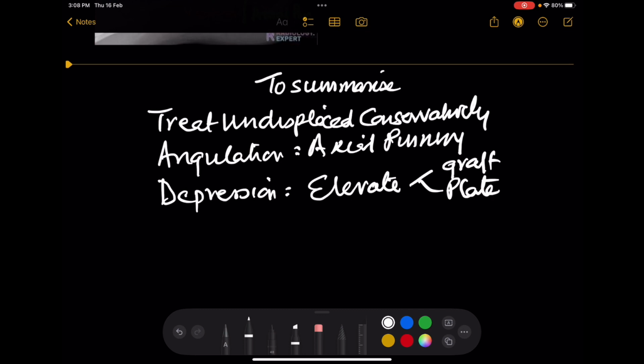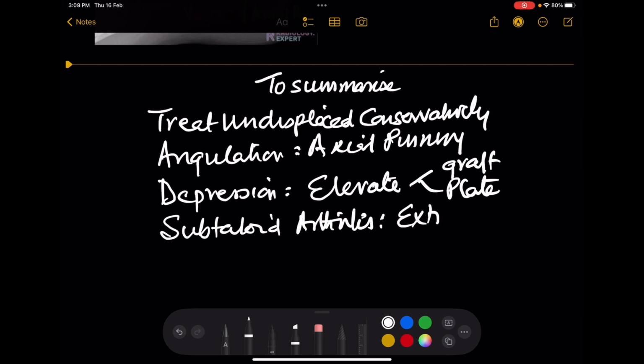Of course, you remember that when you are putting a plate, the skin has to be saved from ischemia because of an end artery. And if there is subtaloid arthritis, you treat it by subtaloid extra-articular fusion that can be posterior or in the sinus tarsi.